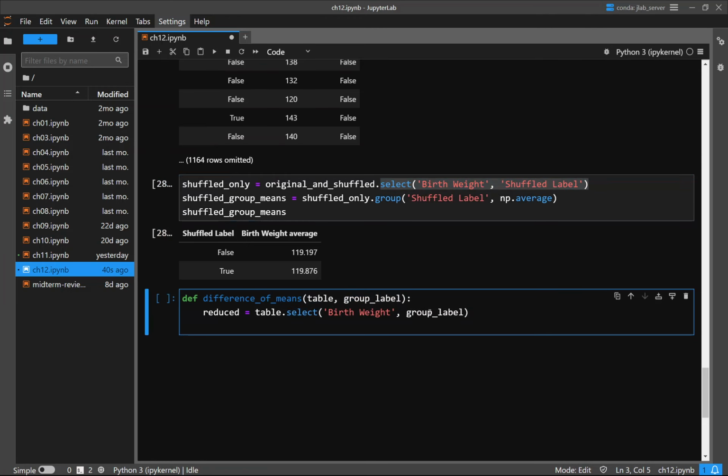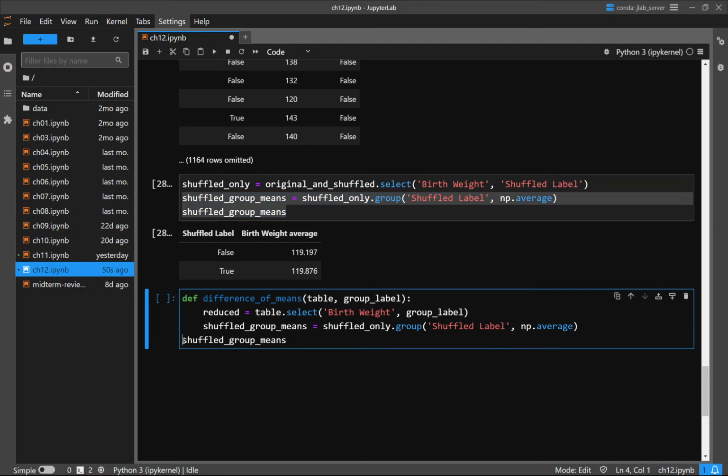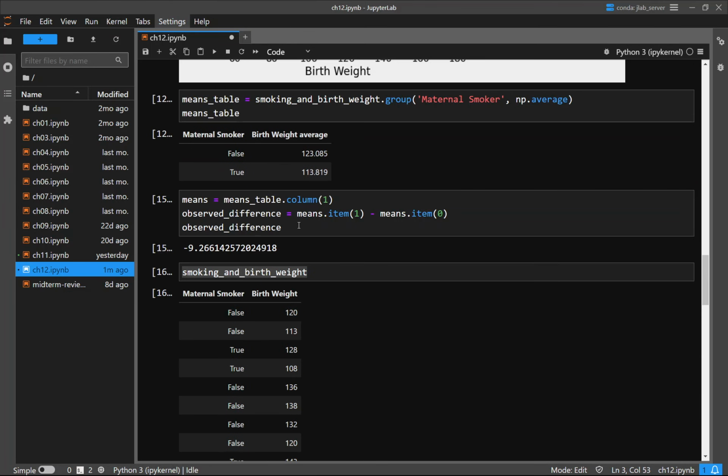And then I want to group by that. So I'll call it shuffle group means again. That's my reduced table, smaller, with just the two things I care about. Group by that, whatever label we were asking for. Sometimes it's shuffle label, sometimes it's something else. So I'll pass that along, and then take the average. And then the means, because what we wanted to do here was similar to this idea, right?